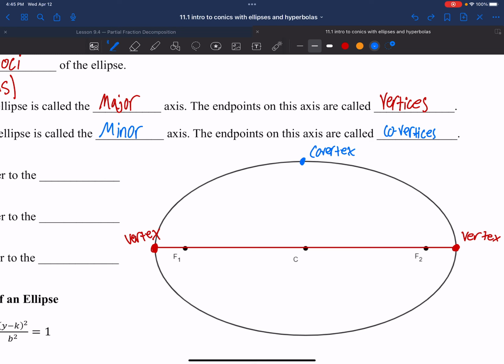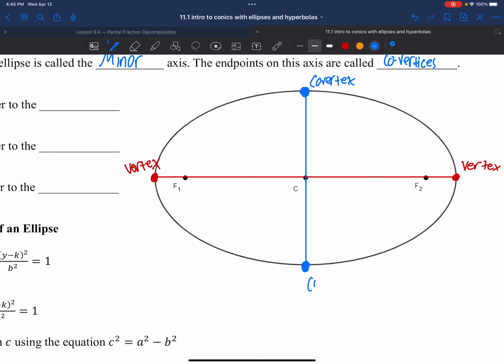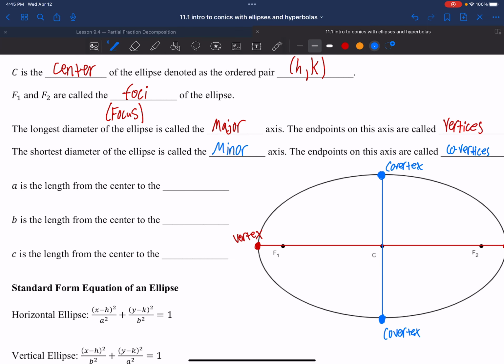I want that to go right through. Can I make it go right through? Beautiful. Okay, so there's my co-vertex. There's my other co-vertex. Nice.